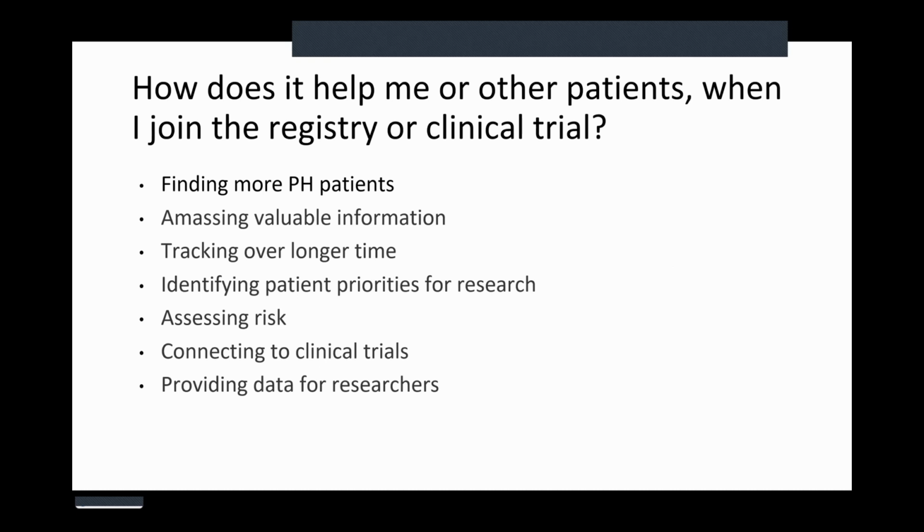It pulls valuable information together quickly, and we're able to track people, as Dr. Bruner said, in real-time evidence over a longer period of time. It's not just confined to one or two or three months or one year, which is often the timeline in a clinical trial.